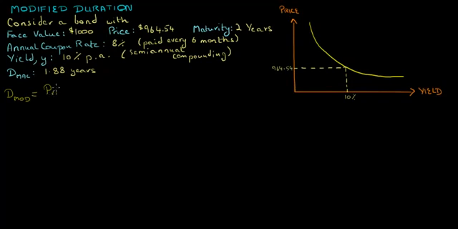Bond price if yield declines minus the price of the bond if yield increases divided by 2 times the initial price of the bond times change in yield, denoted by delta Y.